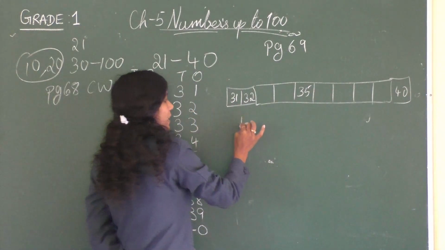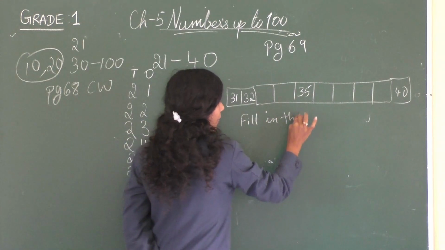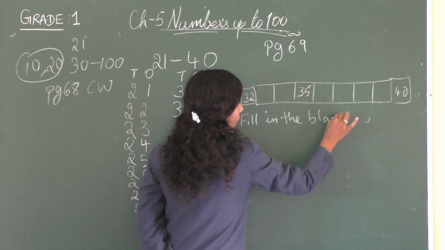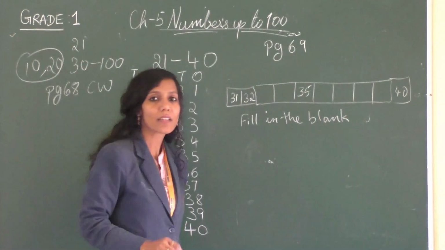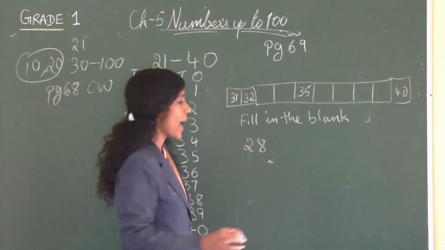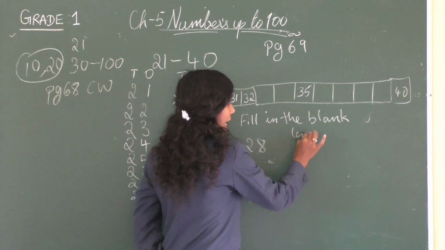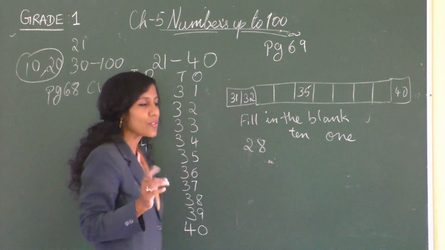Below this we have fill in the blanks, where they have given you 28 and the option of tens and ones. Now you have to segregate.